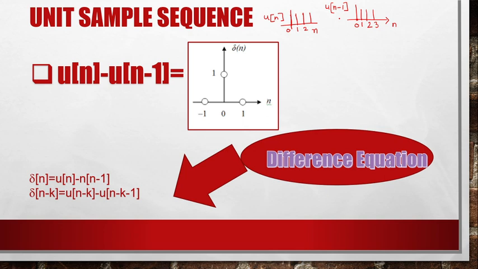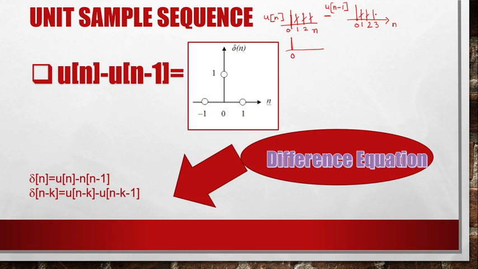So if I subtract u[n-1] from u[n], what can I get? At 0, the value is 1, and here the value is 0, so I will get a 1 over here. Next here, this is 1 and this is also 1, so they will cancel out.